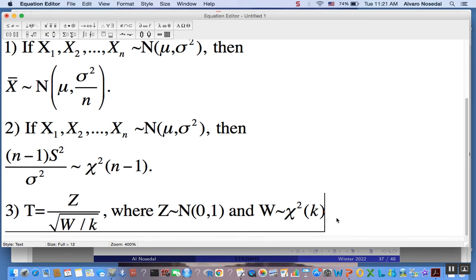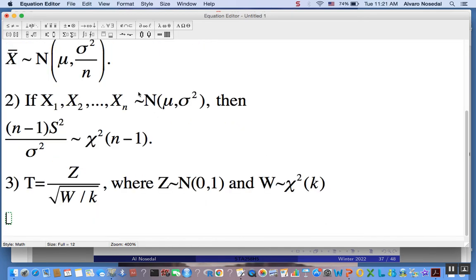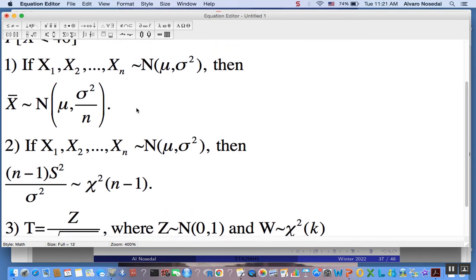Anyway, if you combine 1 and 2, note that you could standardize this: x bar minus mu divided by sigma divided by the square root of n.